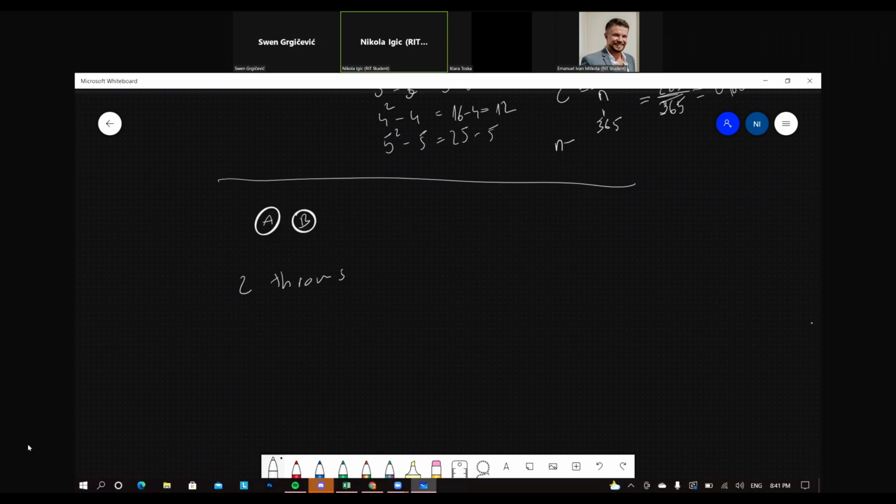What do you think? This one was the easy one. In 2 throws, you have a regular coin, with a head.